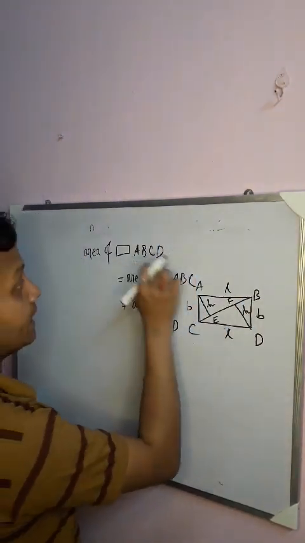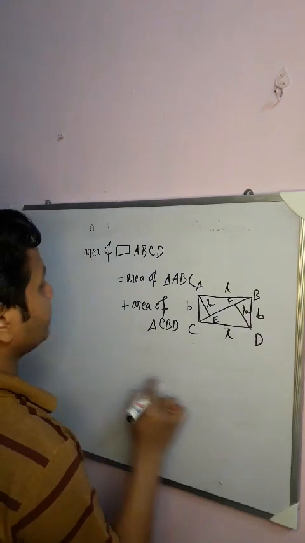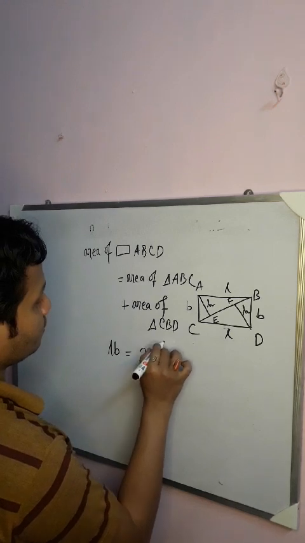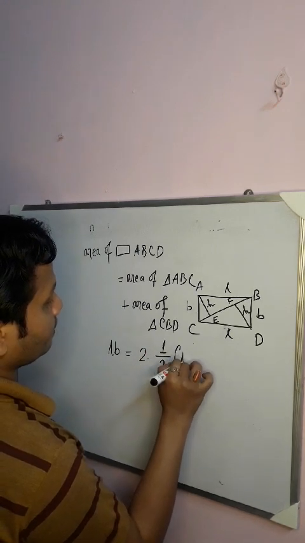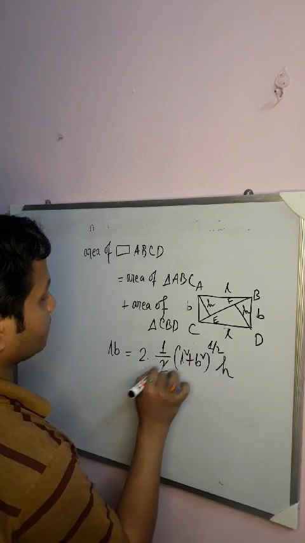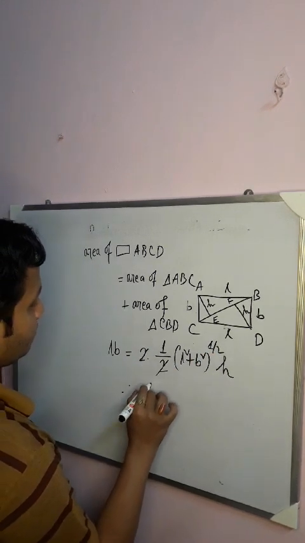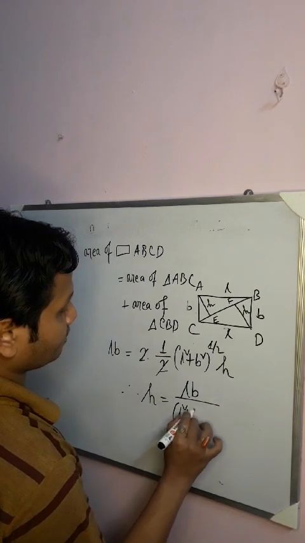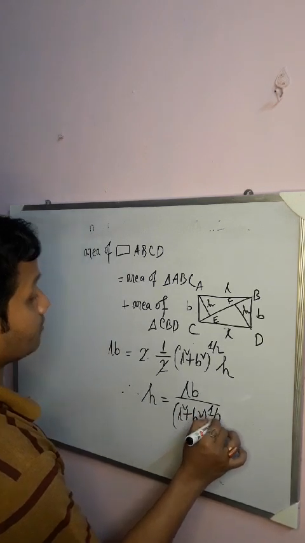Now what would be the area of the rectangle? L and B, that is simply LB, and 2 into half into L square plus B square whole to the power half into H. So from which H is LB by L square plus B square whole to the power half.